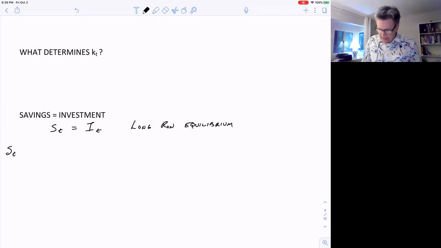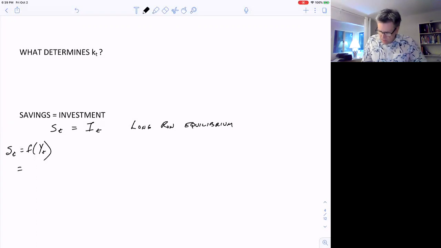So savings at time t is going to be some function of income at time t. And we're going to write this that it's going to be equal to some fraction of income.